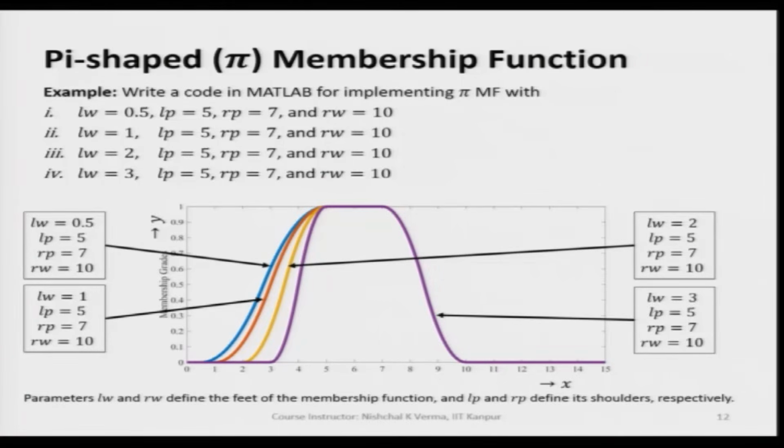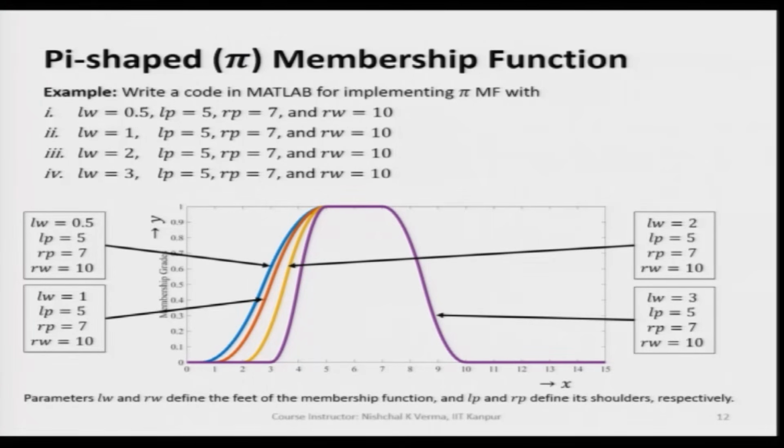Now, let us understand this pi shaped membership function better. In this example we have taken 4 cases to better understand these parameters which are controlling the shape of the pi membership function.